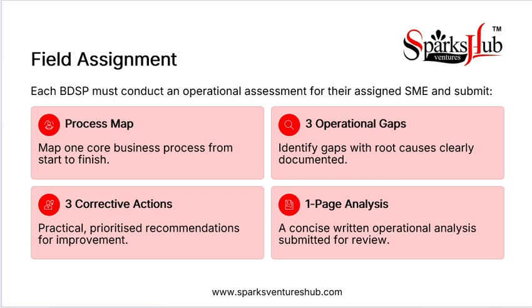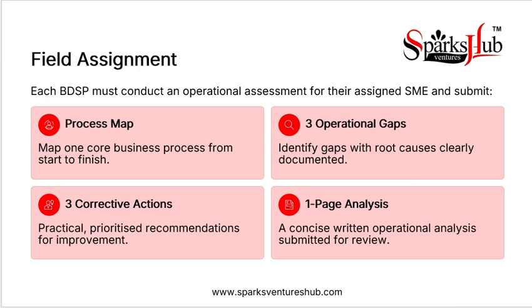So for your assignment, conduct an operational assessment for your assigned SME and submit a process map. So here you map one core business process from start to finish. Identify 3 operational gaps.